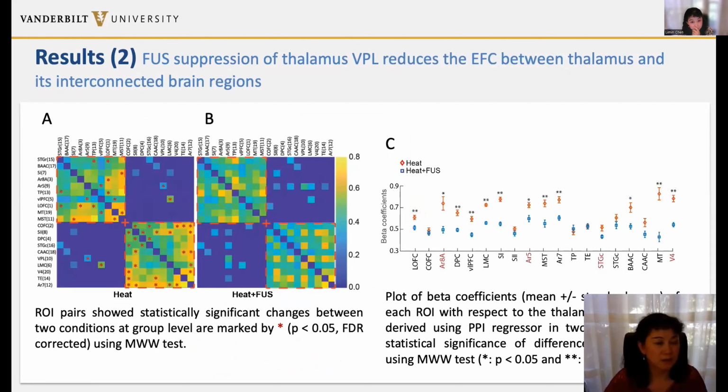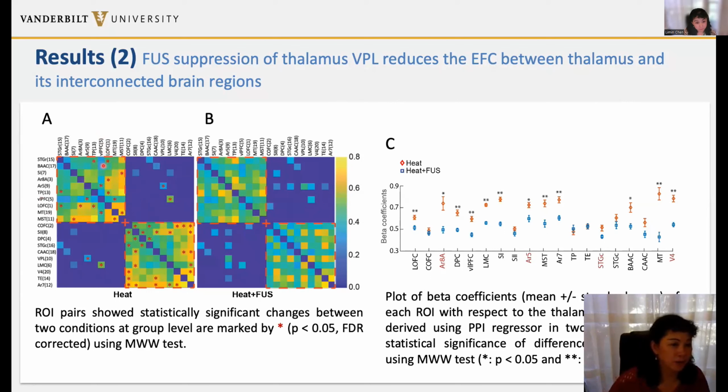In the next analysis, we quantified the change of their connectivity strengths. This matrix plot shows the intensity of the connection by color. The hotter the color, the stronger the connectivity. So you can see during the heat stimulus condition, the thalamus has very strong connectivity to many brain regions.